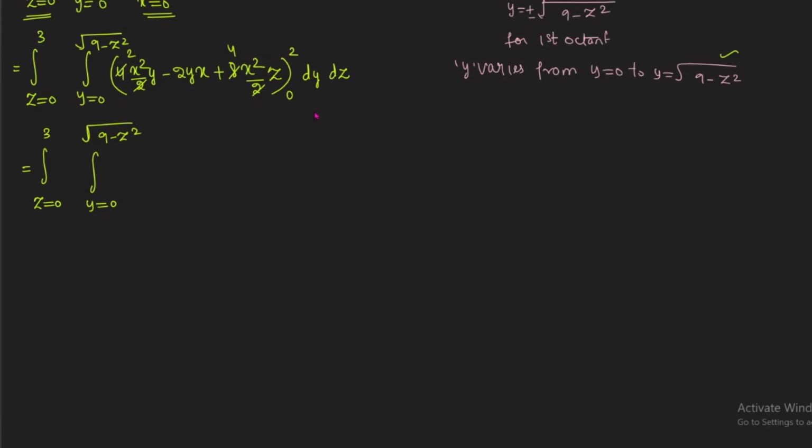Now we have to put the limit, here we have the upper limit for x, substitute in place of x. So we have 2 square, 2 square value is 4, y minus 2 into y into 2, plus 4 into x value is 2, 2 square is 4, z dy dz.